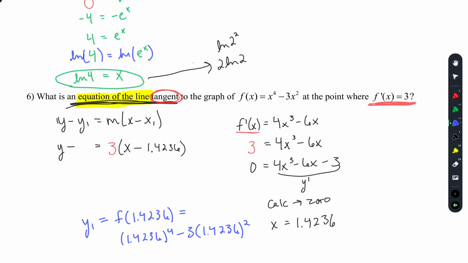Because if you plug into the derivative, you're going to get 0. I need more room for my y.